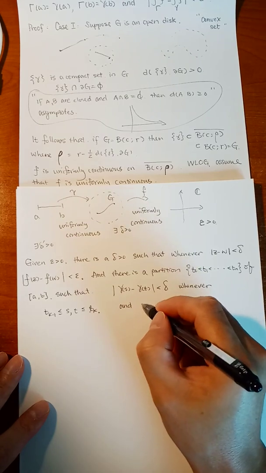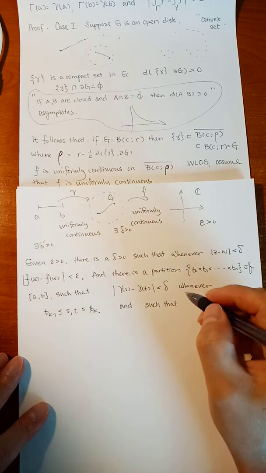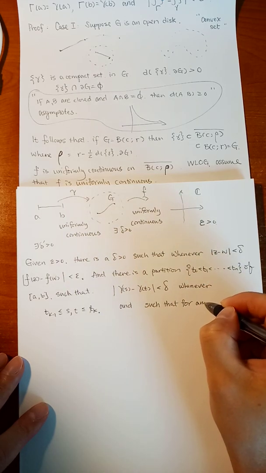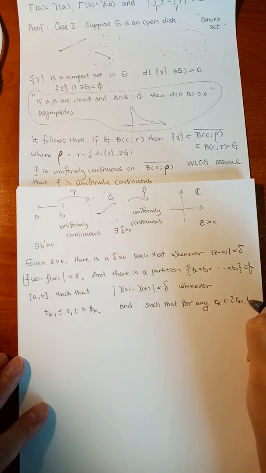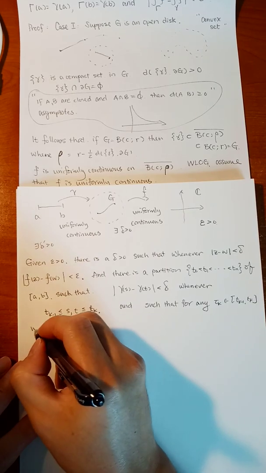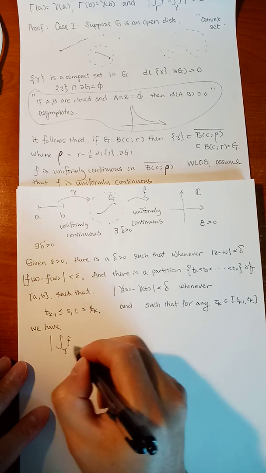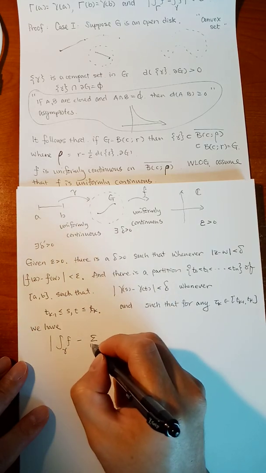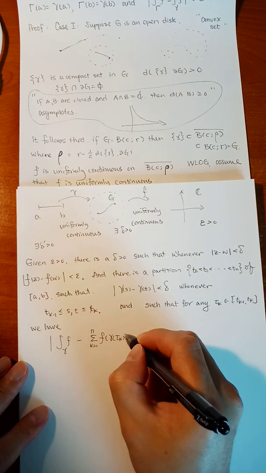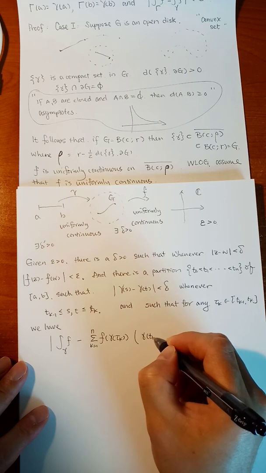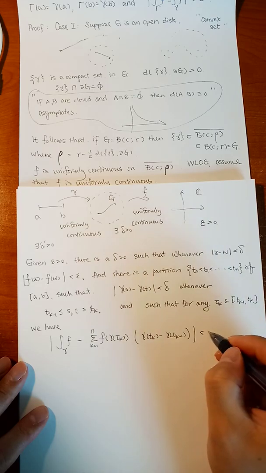So, and such that for any tau k inside [tk minus 1, tk], we have the absolute value of the integral of f gamma minus the sum over k from 1 to n of f of gamma of tau k times gamma of tk minus gamma of tk minus 1, absolute value less than epsilon.